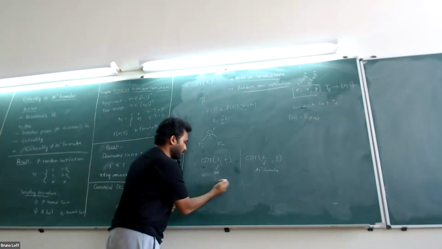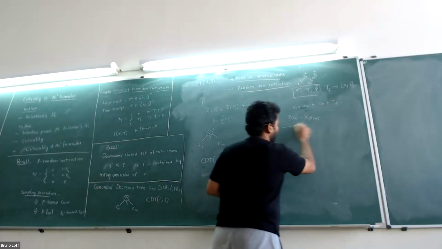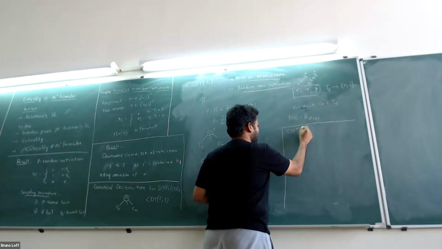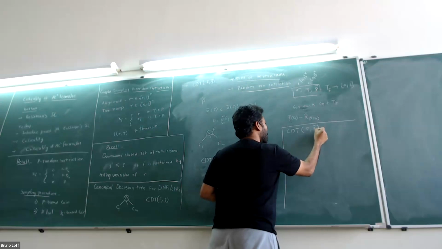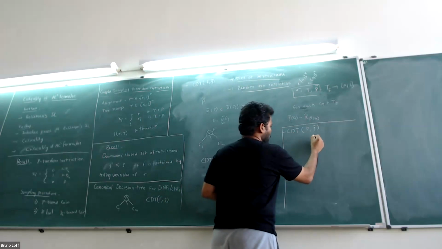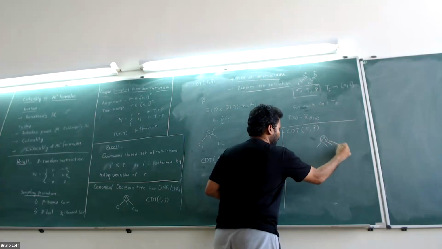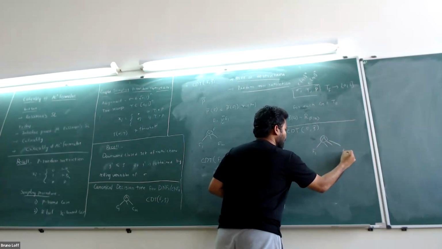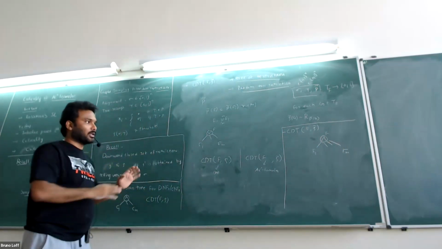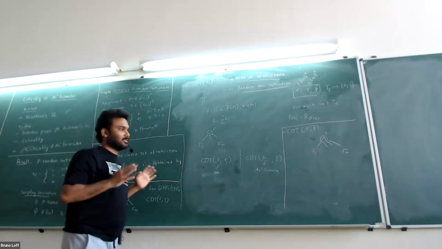Let's see. How to construct the canonical representation of formulas. Suppose you have a formula that looks something like this. It looks like an AND of, I'm ignoring the corner cases, like suppose it's a constant or a variable, then we can.